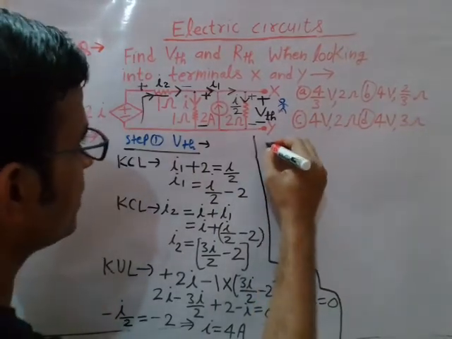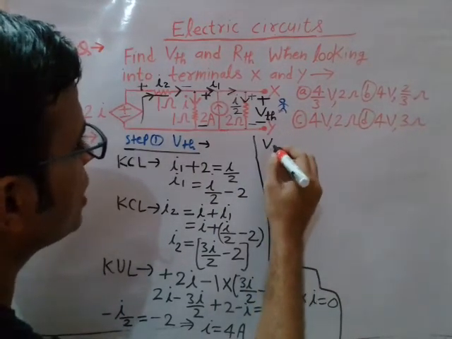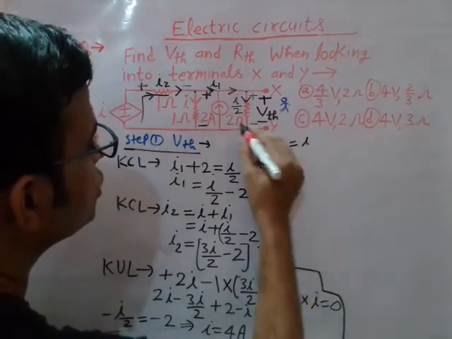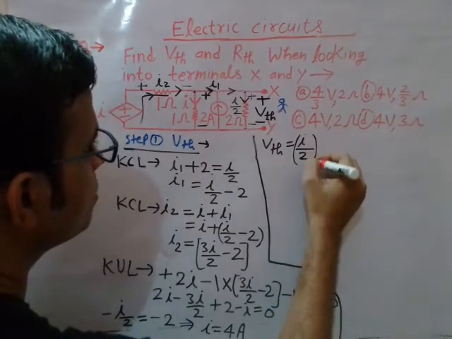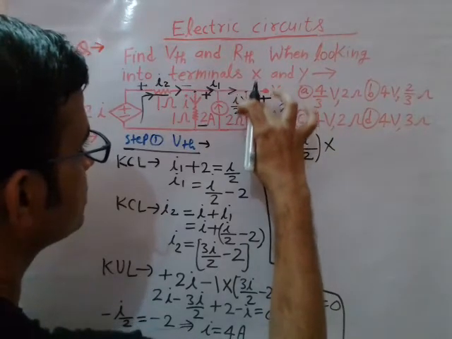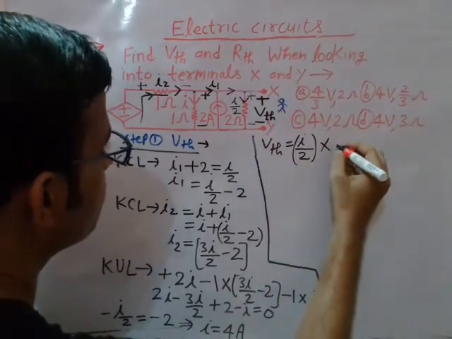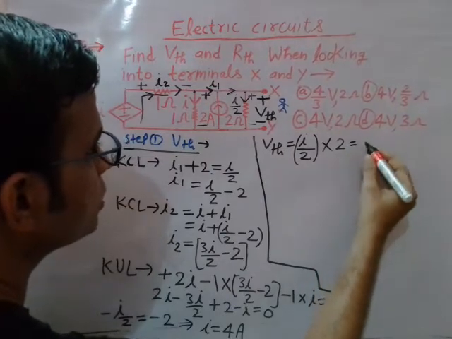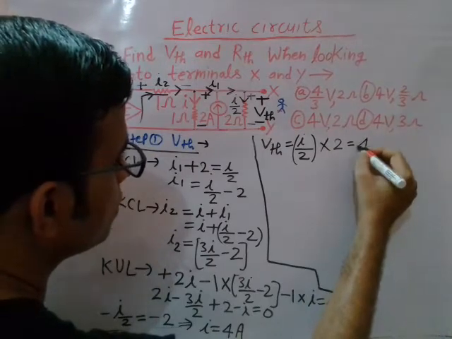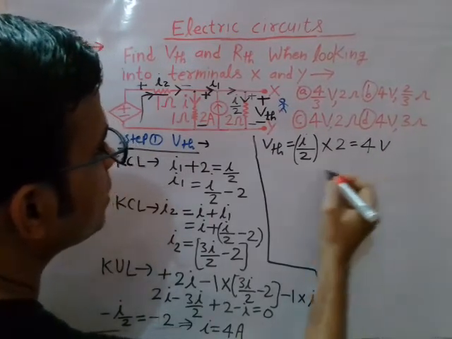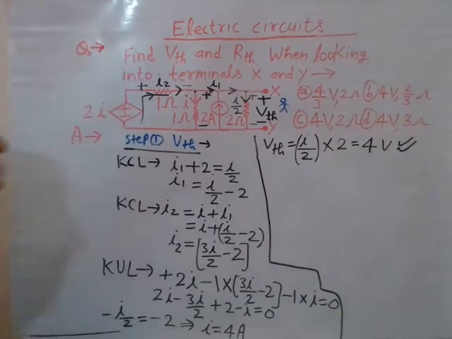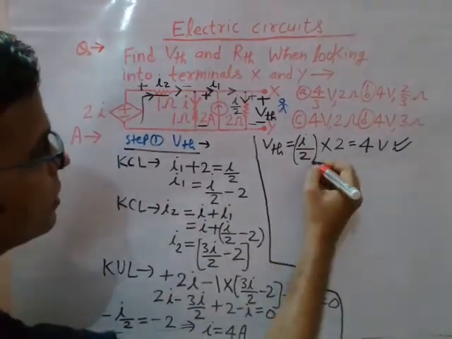So here you will write VTH is equal to I by 2 into 2. That is the voltage drop across this branch, which is equal to VTH. This voltage is equal to this voltage, because both are in parallel. So here you will write I is 4 ampere, so 4 by 2 is 2, 2 into 2 is 4. So you will now get VTH is equal to 4 volt. So this is the Thevenin's voltage. You have calculated this. Step number 1 completes.